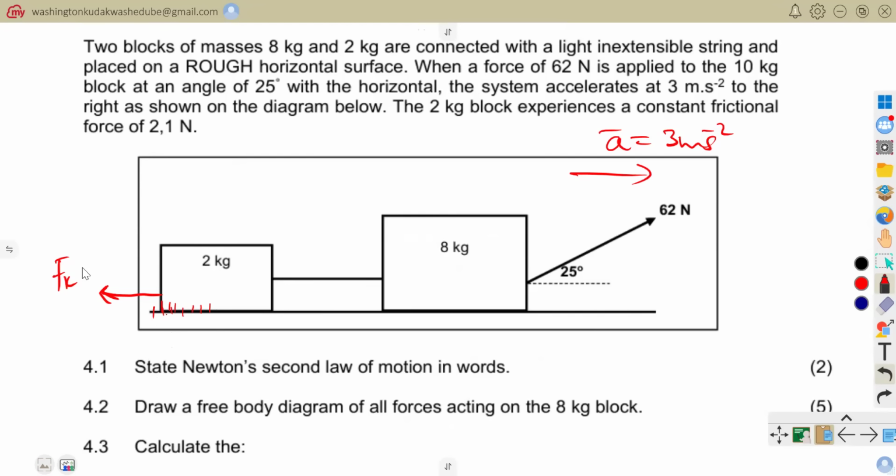So I've got a kinetic frictional force, which is equal to 2.1 newtons. However, now I want to state Newton's second law.